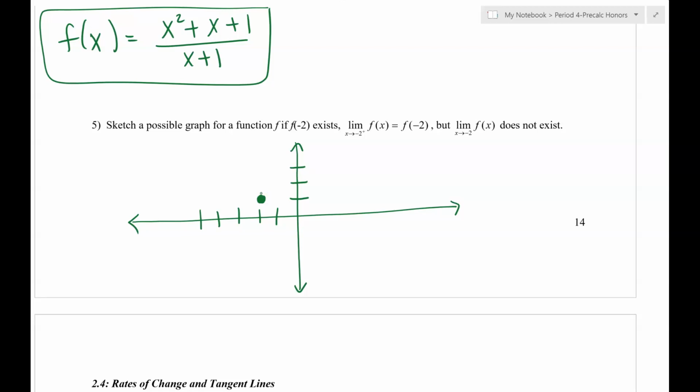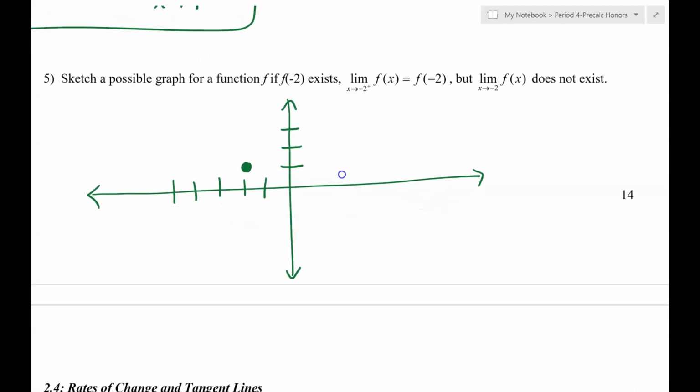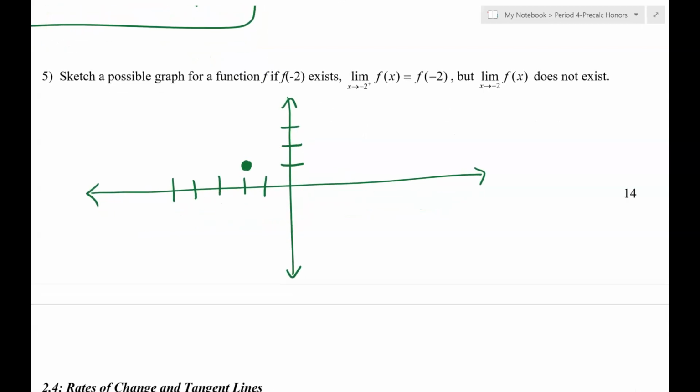All right. Next, the limit as x approaches -2 from the right is exactly the same as your f of -2. What is that going to look like? So I'm going to come from here, right? The right comes from here. Keep on going. It has to have the same height as that dot.